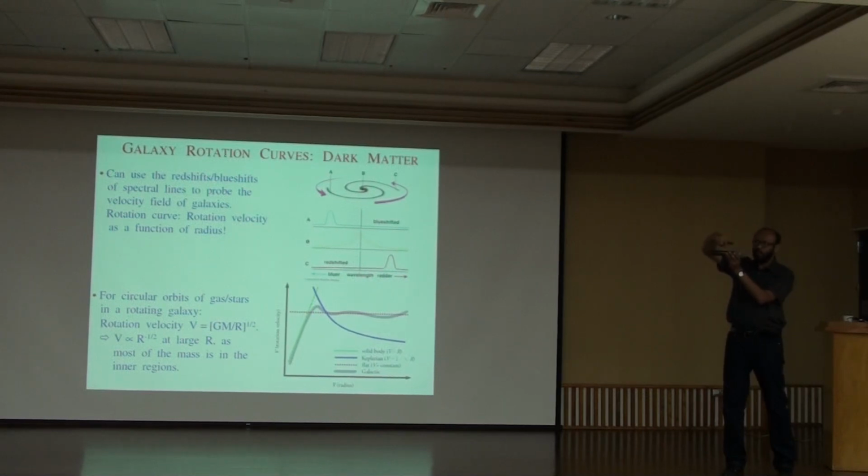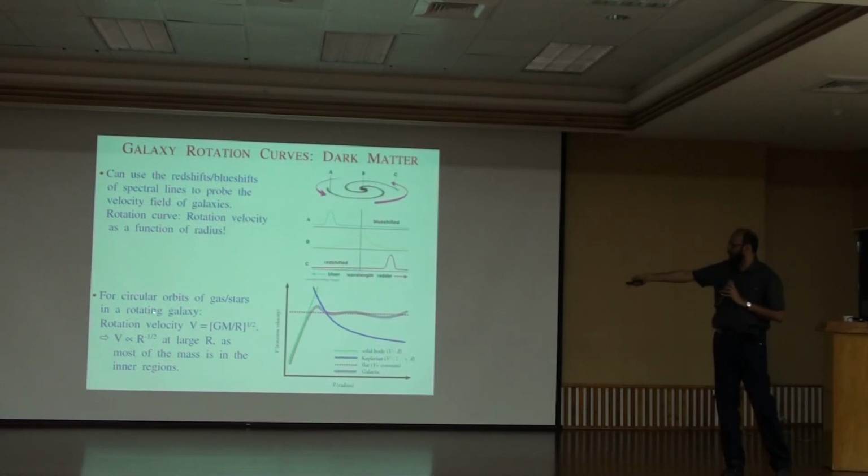So I can measure the velocity as a function of distance from the center in the blue shift, and the velocity as a function of distance from the center in the red shift. And that gives me the rotation curve. So the rotation curve is simply the velocity of the galaxy as a function of distance, right? That's the picture.